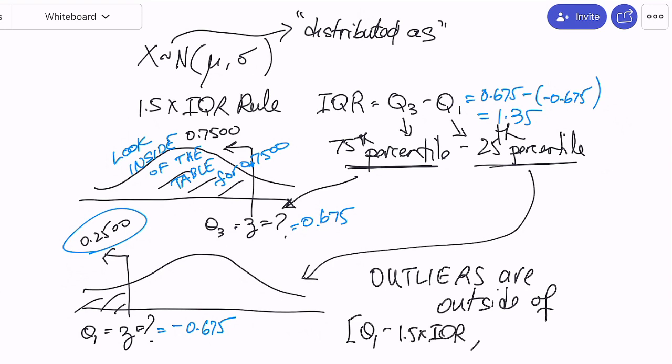And on the right side, it should be greater than Q3 plus 1.5 times IQR.